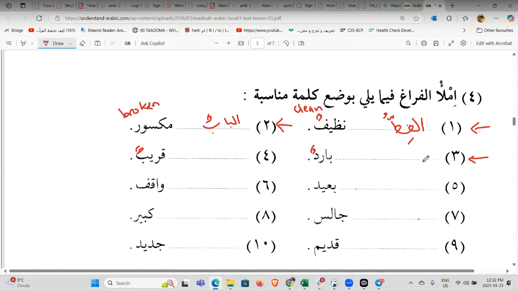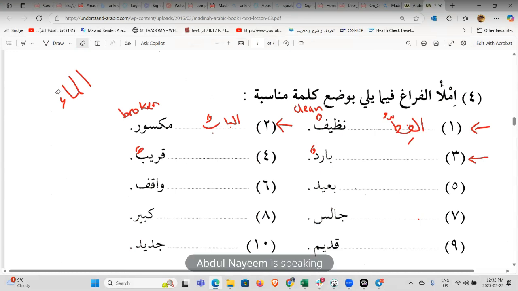So what would be the water in Arabic? The water in Arabic is al-ma'u. Because we have alif and lam, we cannot have a pronoun. Al-ma'u baridun. Very good. And what does that mean? The water is cold. Very good.